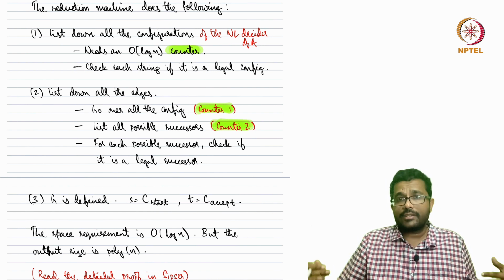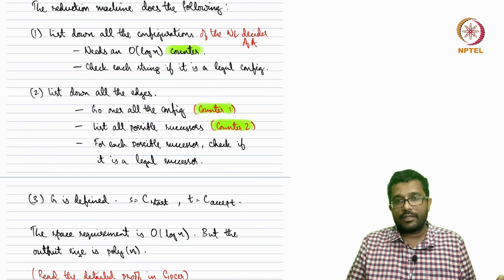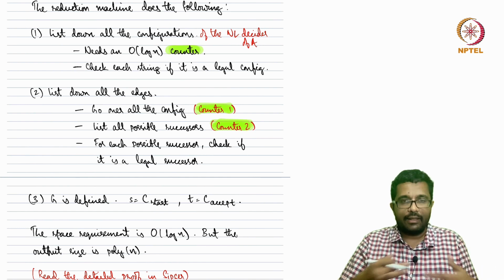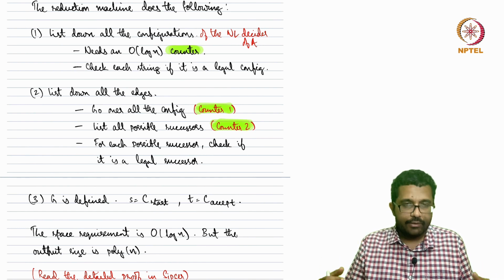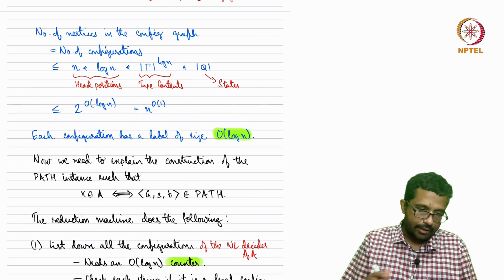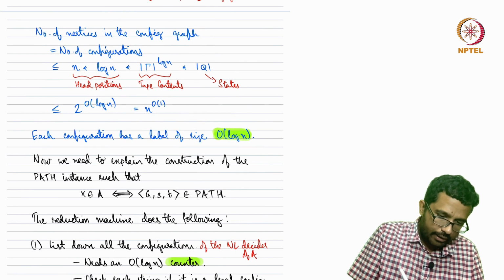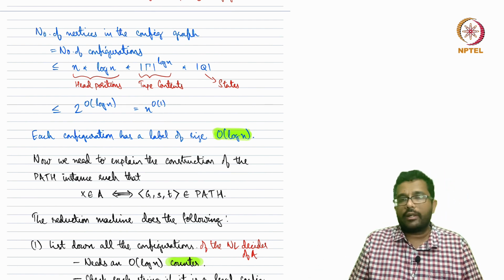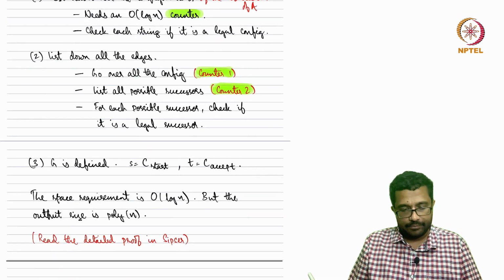But the output size is not log n. We are not being charged for the output. The output is just written, and that gives the entire configuration graph, which is polynomial in n. We already saw that the output size is 2 to the power O(log n), or polynomial in n.